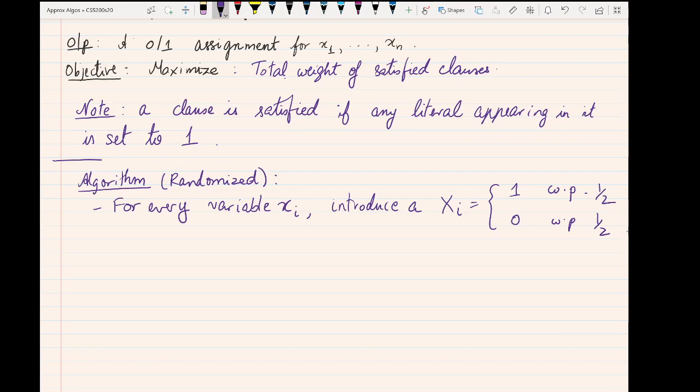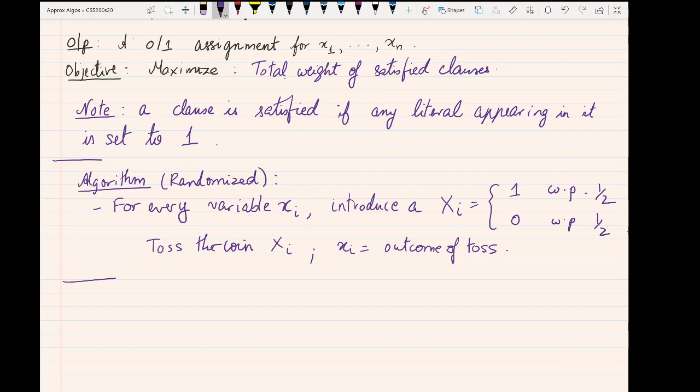So capital Xi is a random variable and it turns out to be 1 with probability half. So we toss a coin Xi, and once it's tossed, we set the value of small xi depending on what capital Xi takes. So that's all that the algorithm is, and we'll see that this gives us a certain non-trivial approximation.